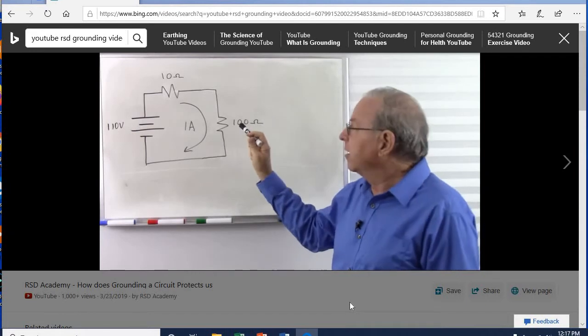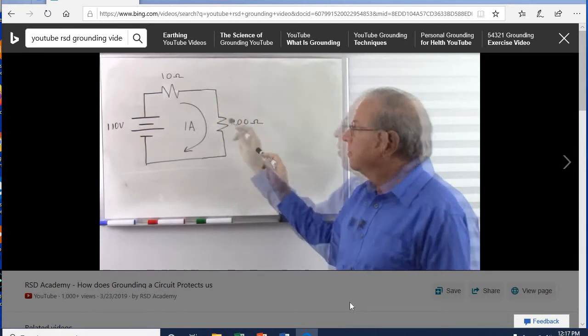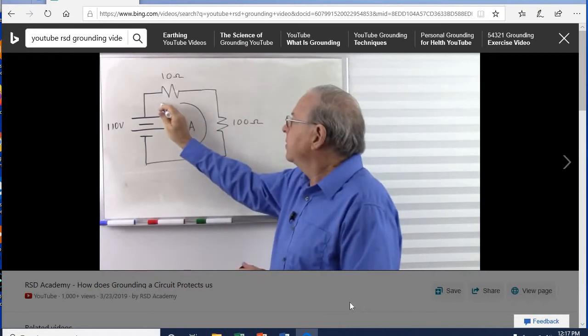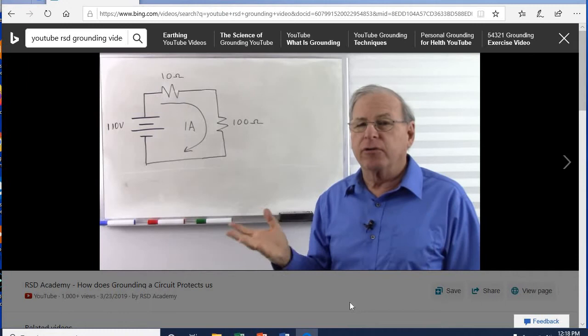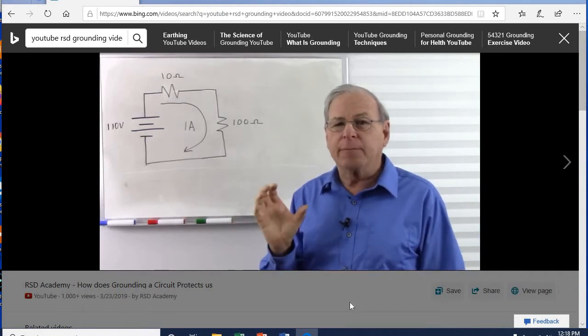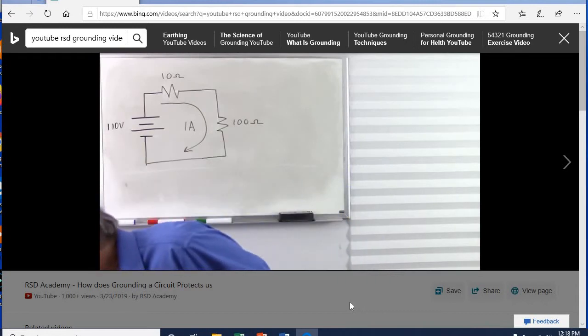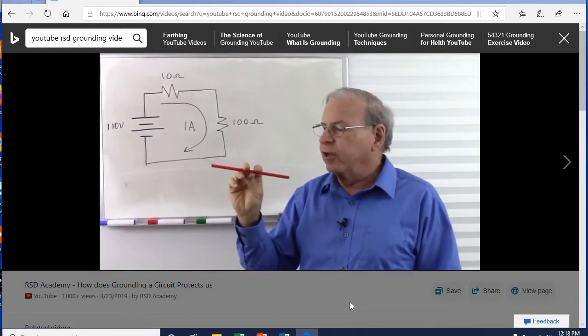But more importantly, what happens to the voltage right here? We have 1 amp going through a 10 ohm resistor. Now what happens when you have current go through a resistor? Whenever you have current going through resistance, you get a backup of voltage. Here's my trusty soda straw I used to illustrate this with.